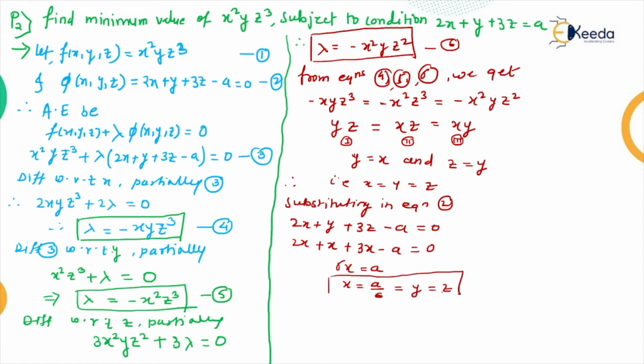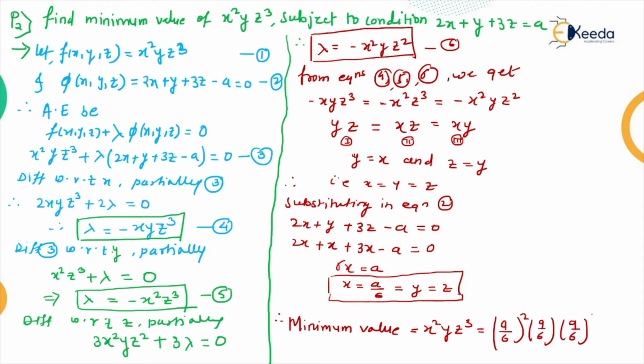Once you have calculated x, y, z, your next and final target is to find the maximum or minimum of the function. Here the question asks for the minimum of the function, so the minimum value is x square y z cube, which is a divided by 6 squared, a divided by 6, and a divided by 6 cubed. So the total power of a divided by 6 is 2 plus 1 plus 3, that is 6, and this is your final answer, the minimum value of the given function. In this way you find the minimum value of a function of 3 variables, x square y z cube, subject to the condition 2x plus y plus 3z equal to a.